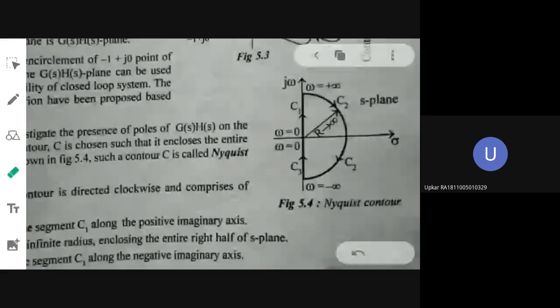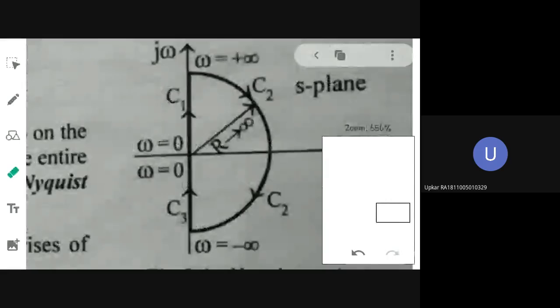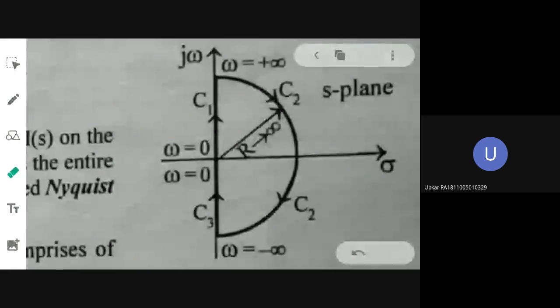See this contour that I am zooming in on, that contour is called the Nyquist contour. Sometimes they will ask you this question for 2 marks: what is a Nyquist contour? How can you define this Nyquist contour? What are the various segments that it has?